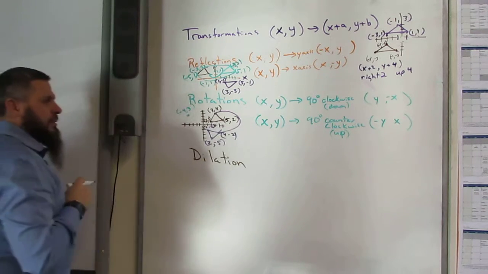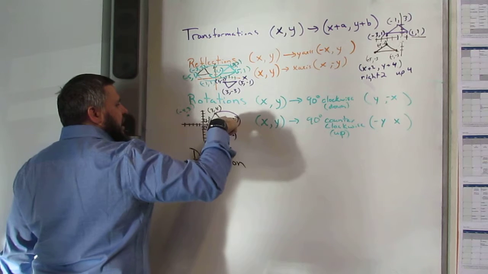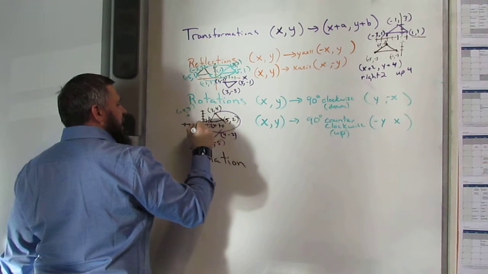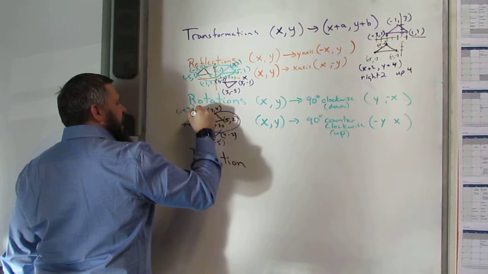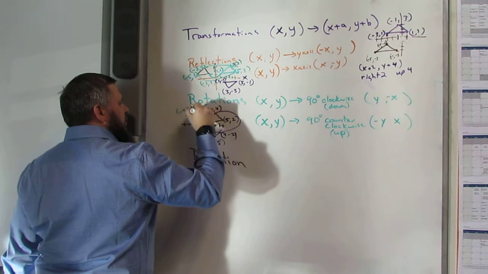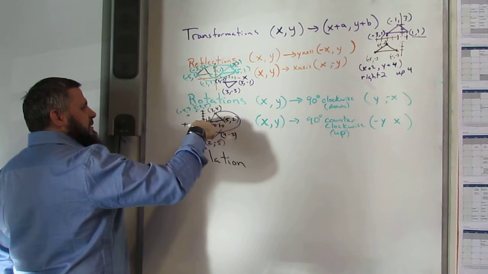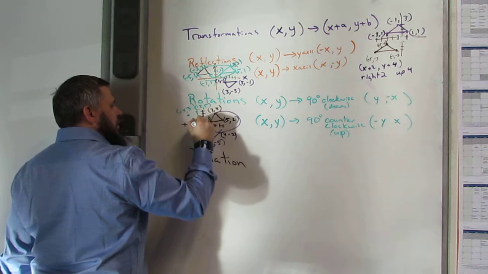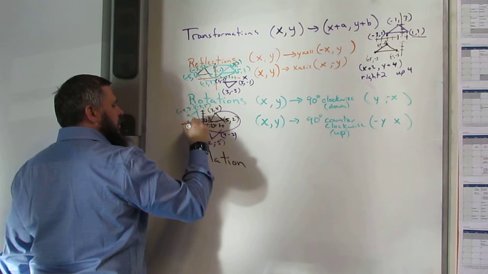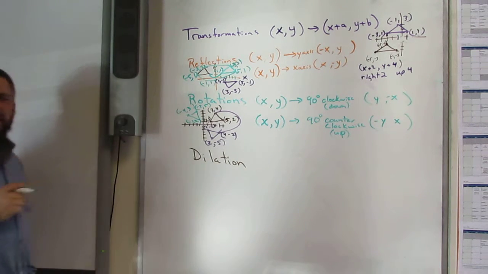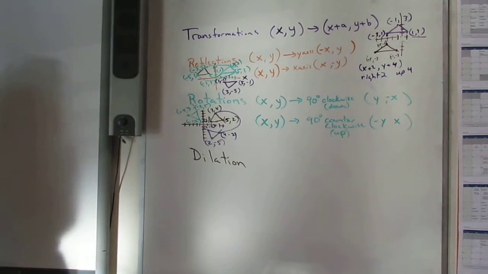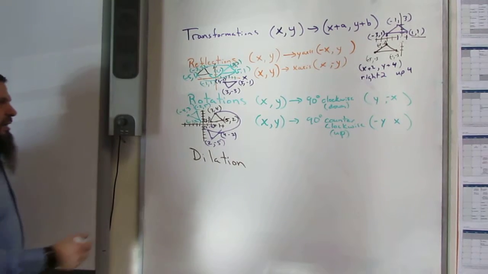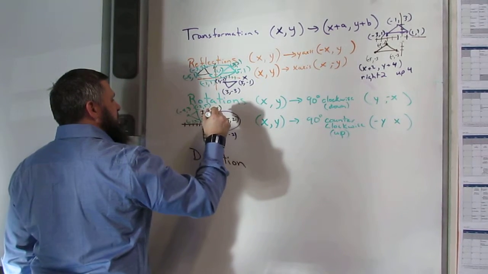Negative 2 and 5. And then negative 1 and 2. That's not what we're doing. Switch them.